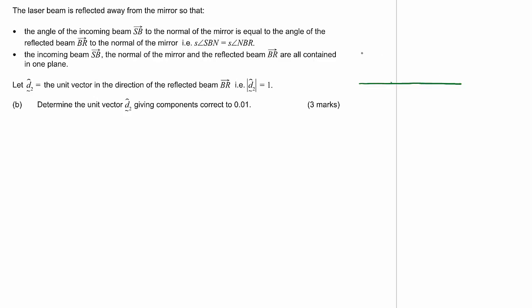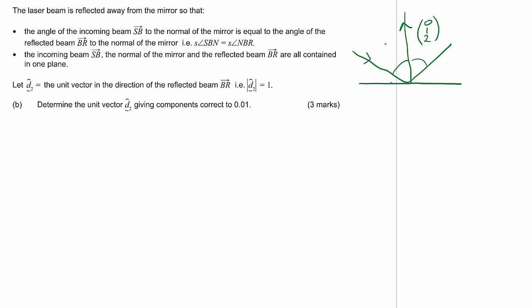So if this is our mirror, what we're saying is that there's the normal, and we know that the normal goes in the direction (0, 1, 2), and what we're saying is this angle and this angle are equal.